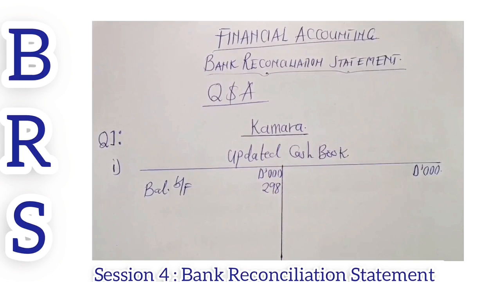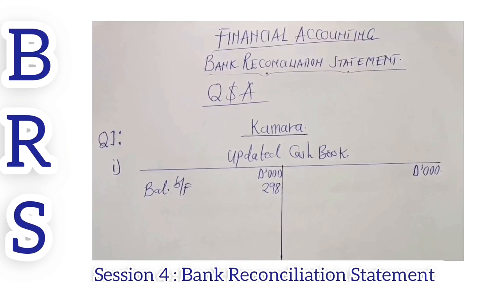Okay. All right. So once we recorded that, since we are into the updated cash book, we are interested in all items that will update the cash so that we get a correct balance in the updated cash book. The updated cash book is basically about errors committed by the customer, that is, omissions not recorded as at the time the bank statement was received.